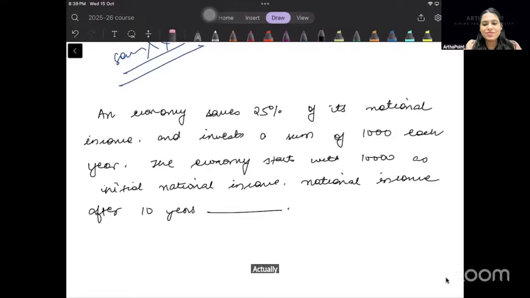Actually, this is very close to what you study in difference equation, huh?